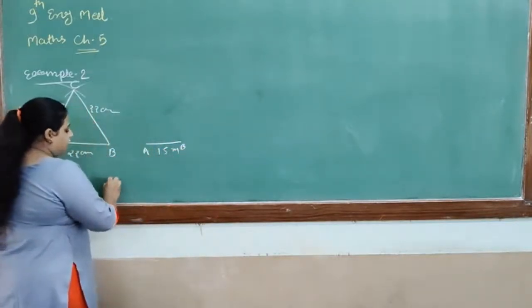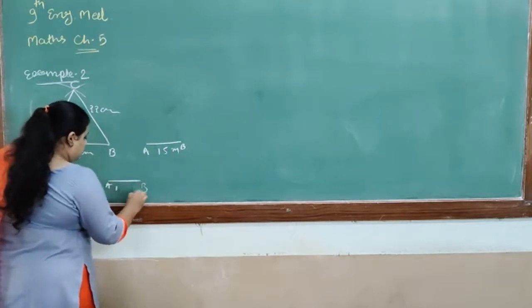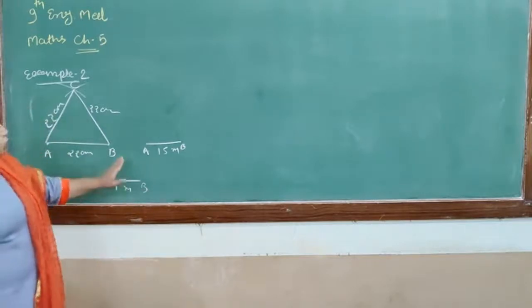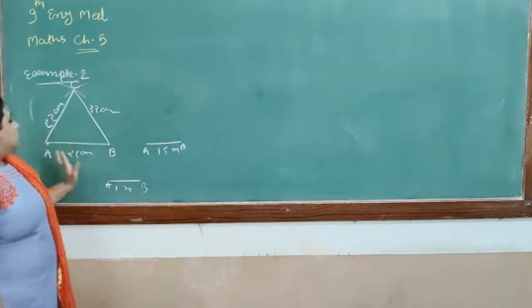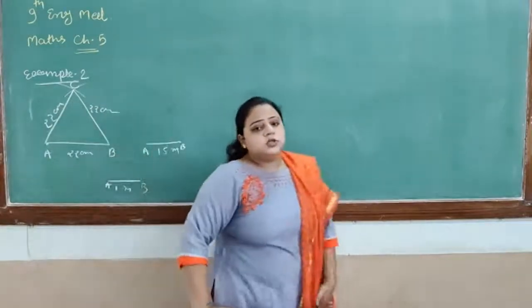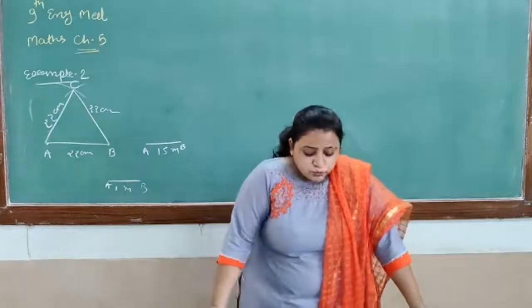If you take 1 meter, everywhere you will get 1 meter. So, according to the line segment, you can form an equilateral triangle using a compass. So, this is example number 2.